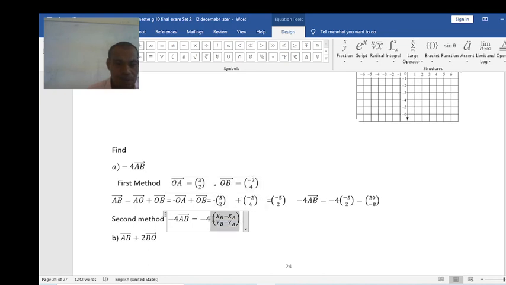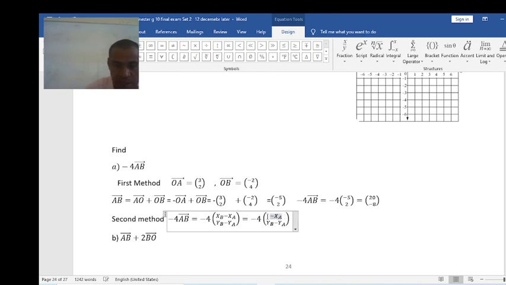Equal, then copy. What is xB? xB is negative 2 minus xA, which is negative 3, giving negative 5.